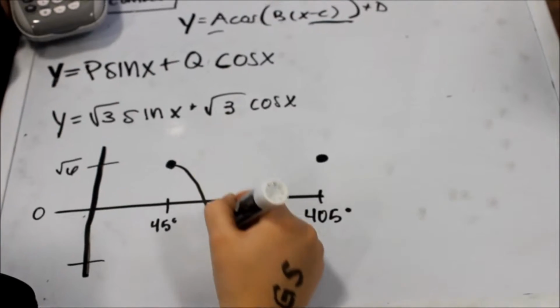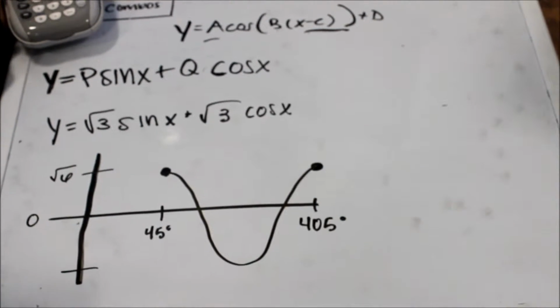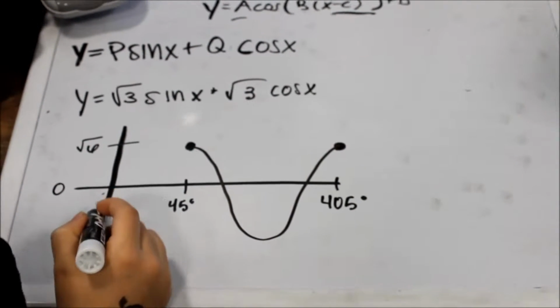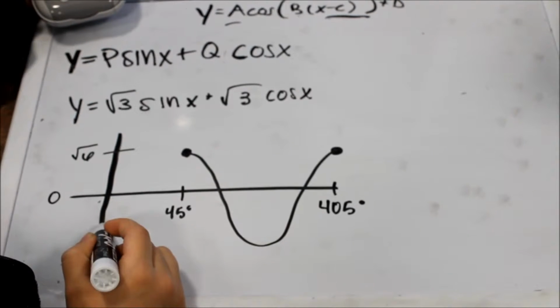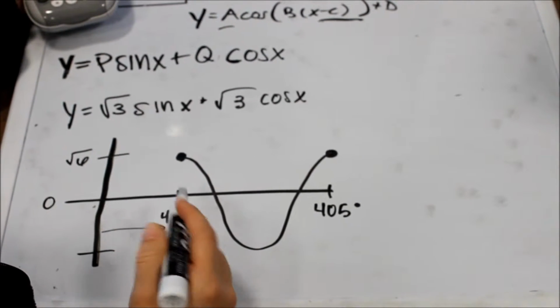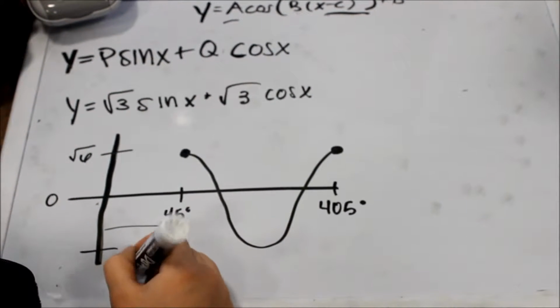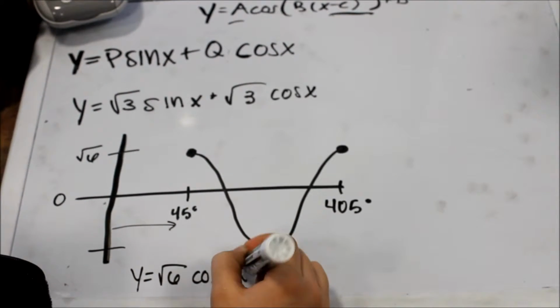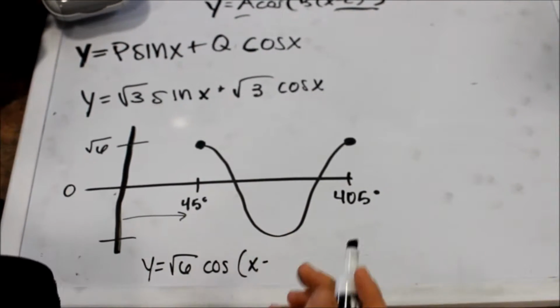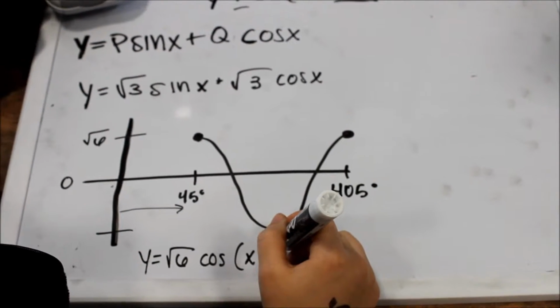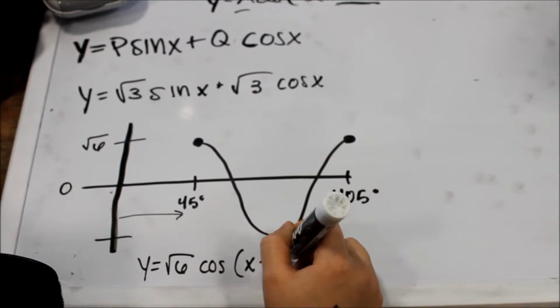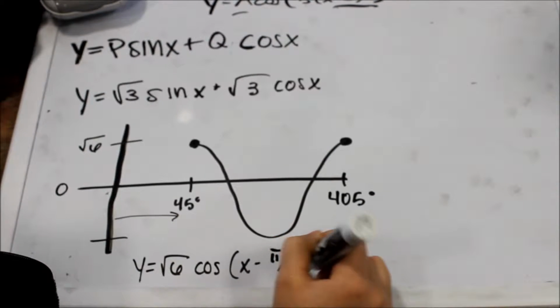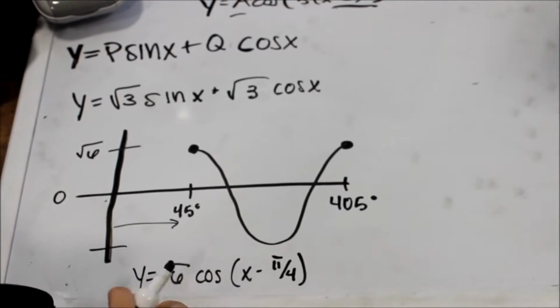We're drawing a sinusoidal graph. That will be what our graph looks like. So from graphing it, we know that we shifted 45 degrees, so our equation would be y equals square root of 6 cosine of x minus pi over 4, since we're in radians, and that would be our equation from graphing it.